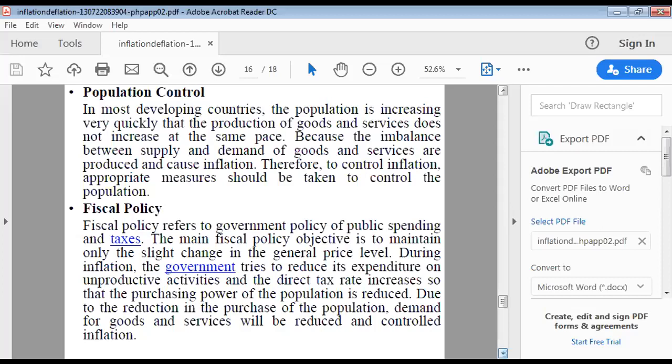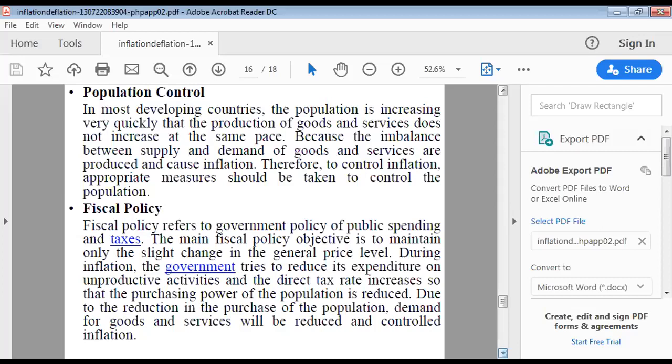Population was increasing at a geometric rate at that time, while production of means of subsistence was increasing at an arithmetic rate. So it was propounded then that if this is not checked, there will be famine, there will be onslaught, in fact, the whole economy in the world will collapse.